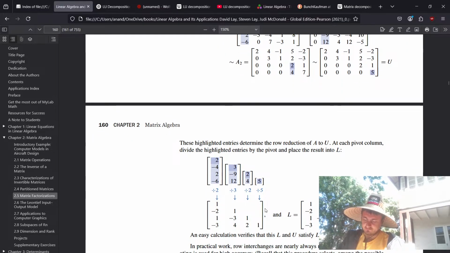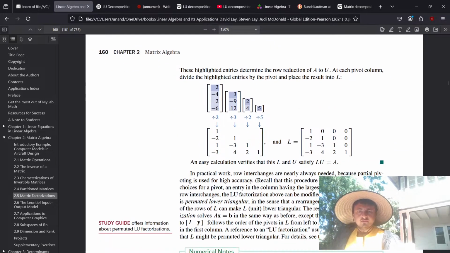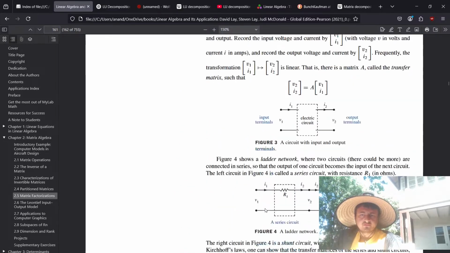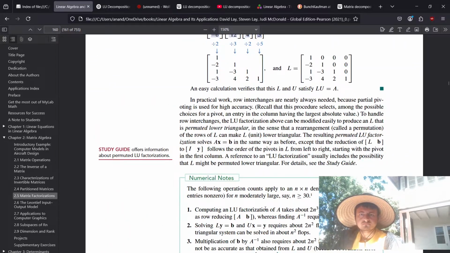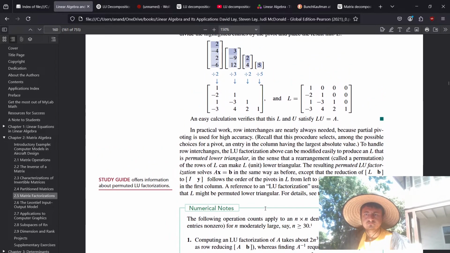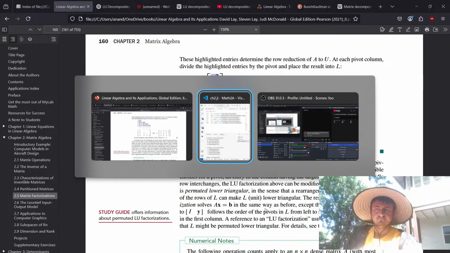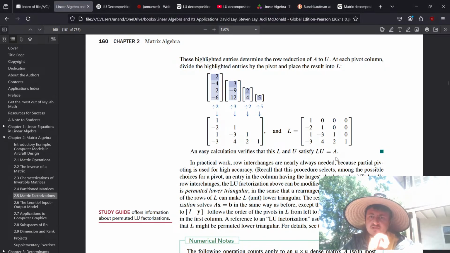Okay, so the important thing is that you have to skip. Okay, so that was the decomposition.